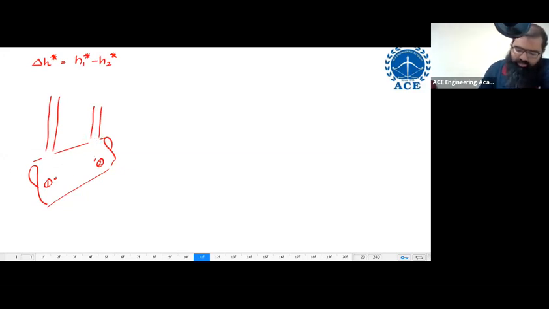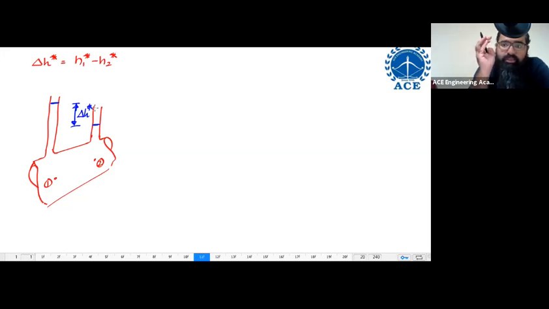After installing piezometers, you will see that the fluid is rising up to some level over here. Whatever is the difference between these two levels is equal to delta H star. You will suggest this thing. It is perfectly correct also. Nothing wrong with this. But practically, there is something wrong over here.